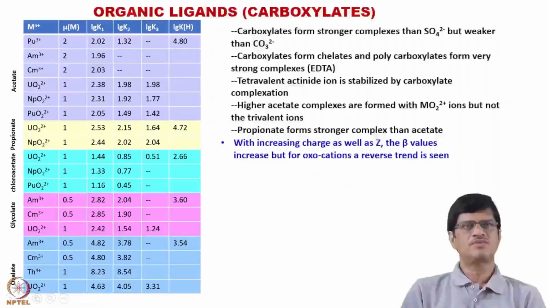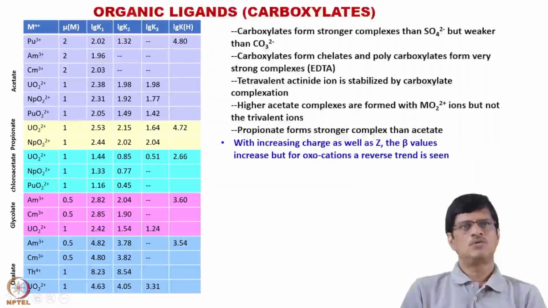For americium 3+ at 0.5 molar ionic strength, the acetate complex formation constant log K1 is 1.99, and at 2 molar ionic strength the log K1 is 1.96. So it is decreasing very marginally, and the same is there for curium 3+.